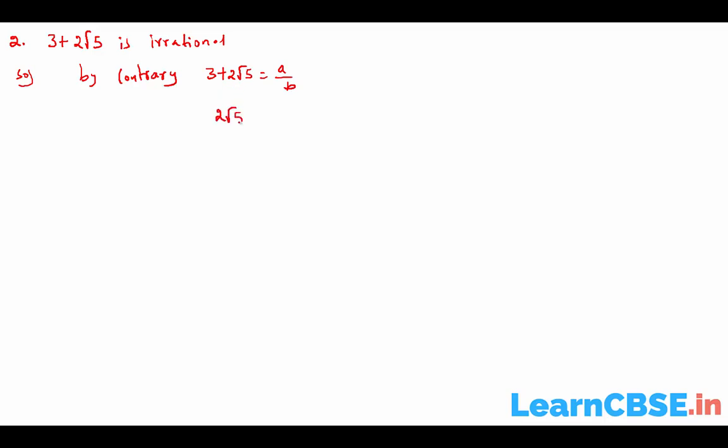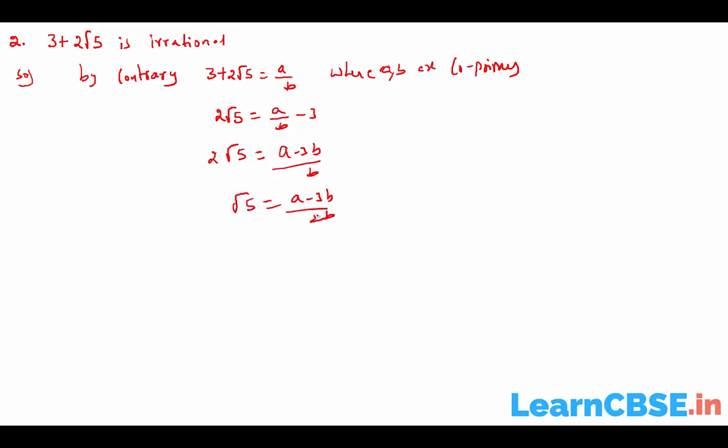So 2 root 5 equals a by b minus 3, where a, b are co-primes. This is must and should. Again, take LCM: b, then root 5 equals a minus 3b by 2b.